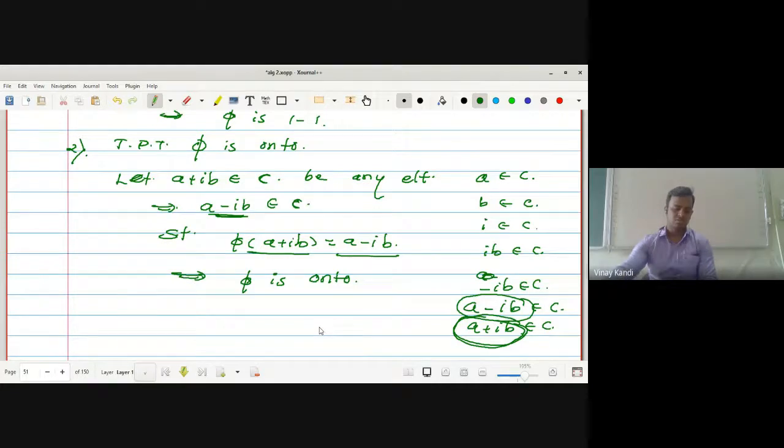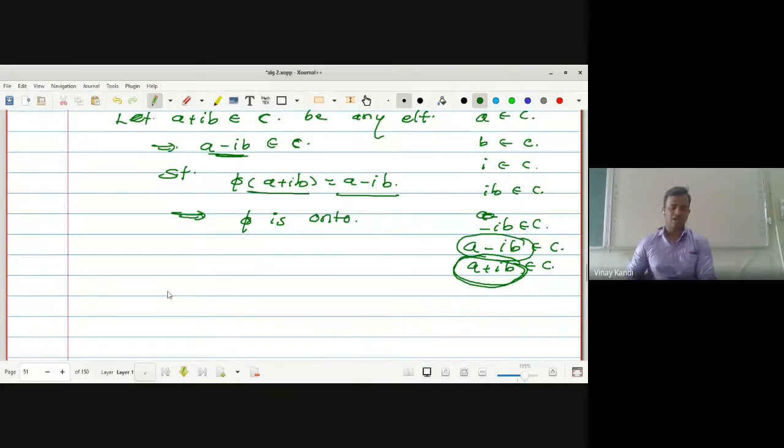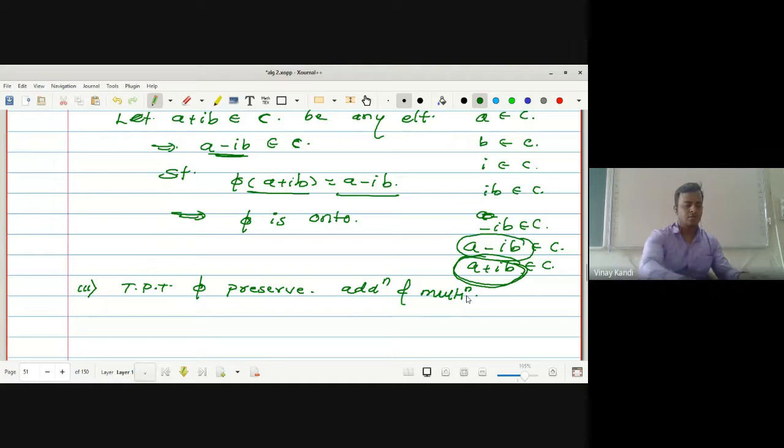Now, third step: to prove that phi preserves addition and multiplication.